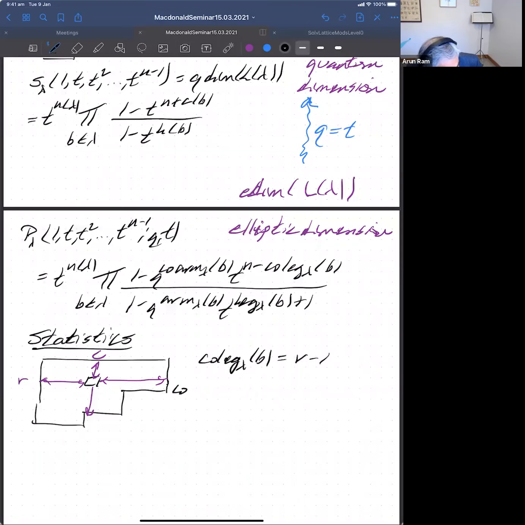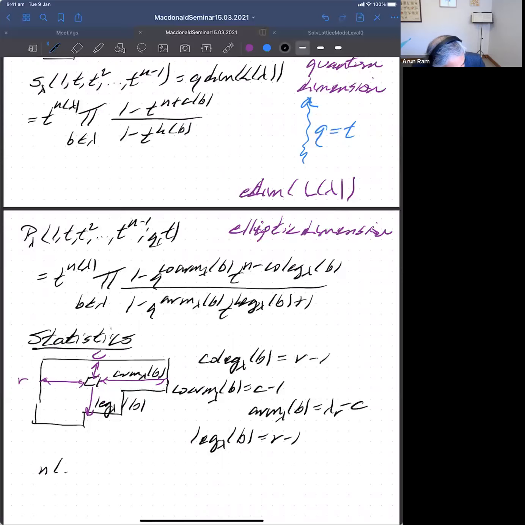And the coarm of the box is the column minus 1. And the arm of the box is the length of the r-th row minus the column number. So this is the arm length. And the leg of the box is r minus 1. So this is the leg length here.